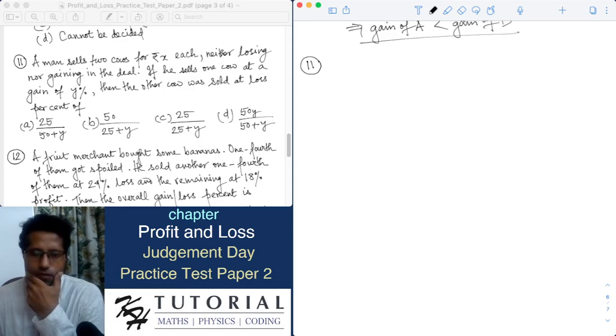There are 2 cows involved and both the cows are being sold for rupees X. We don't know anything about the cost price of the cows.